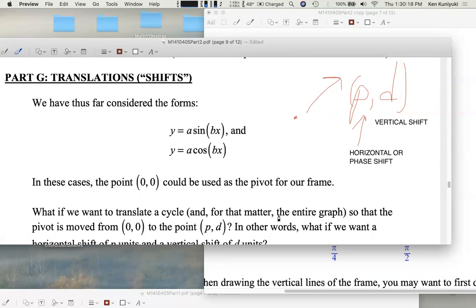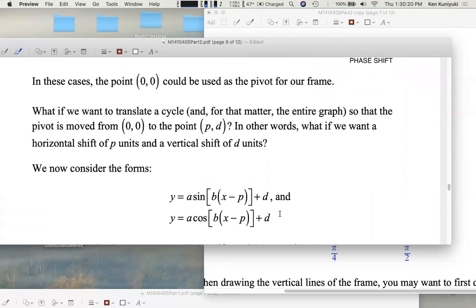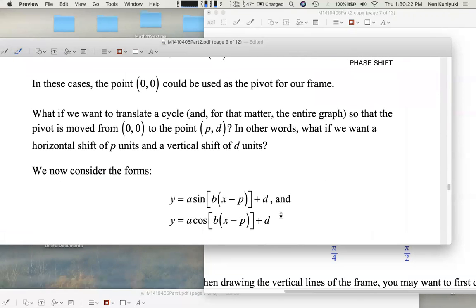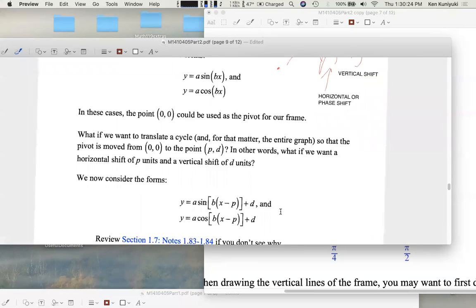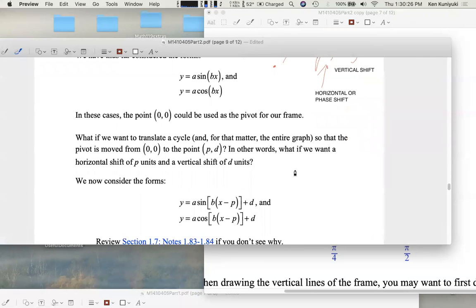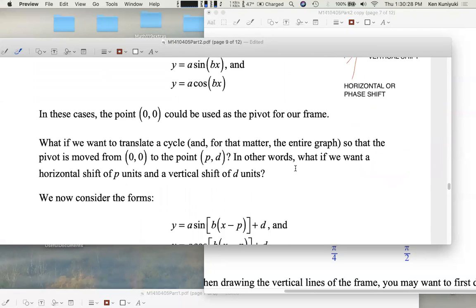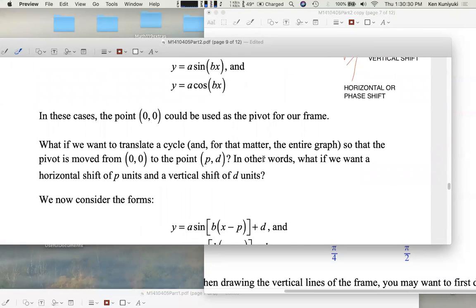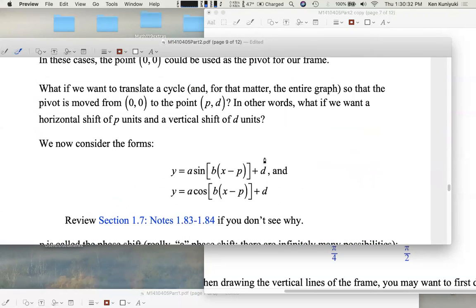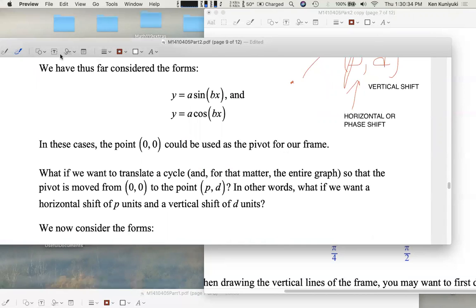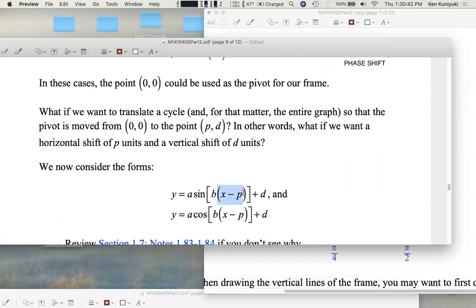Okay. Remember what we do. If we do a horizontal translation, we substitute x with x minus p. We substitute the x here, or here with x minus p.